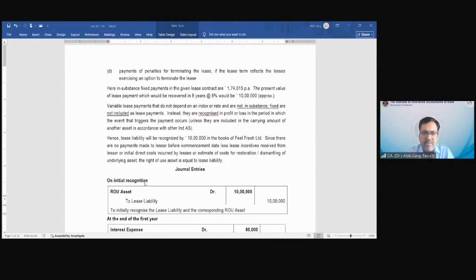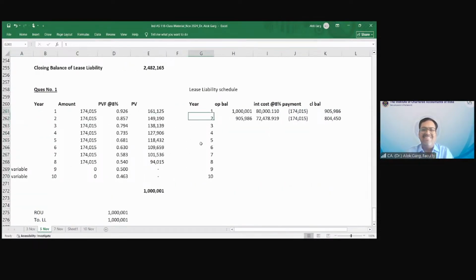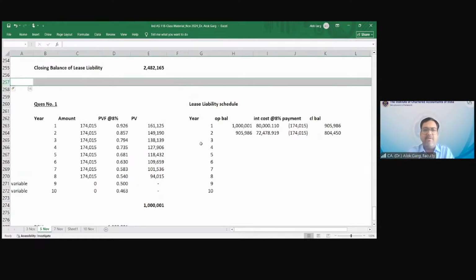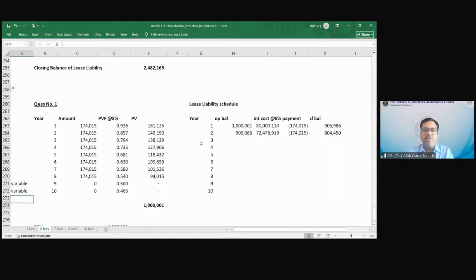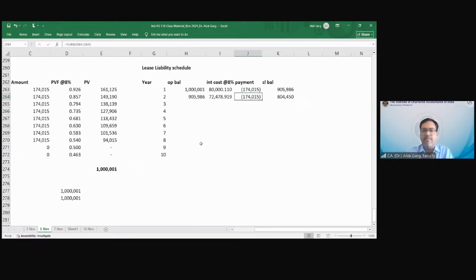Sorry, I was working on the Excel file and I think my Word file was being presented. So is that okay? Question number 1. What I have done is compute the present value, ROU asset to lease liability. Now I am computing the lease liability schedule. This is my lease liability schedule.